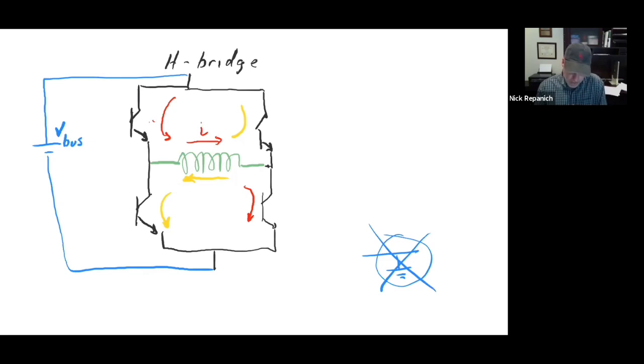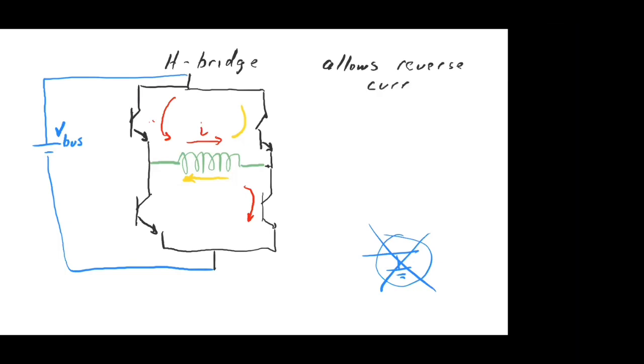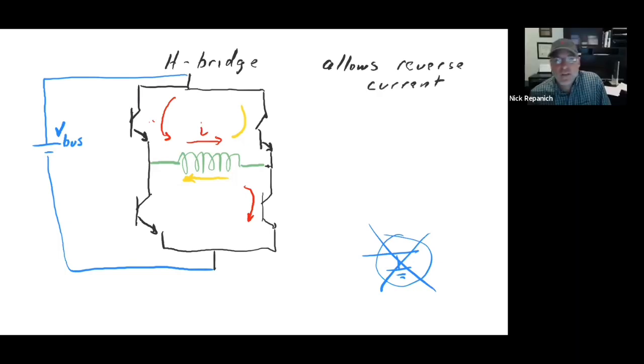So the key to an H-bridge is it allows for reverse current. You can't do that with V equals IR very easily, right? You need something like this.